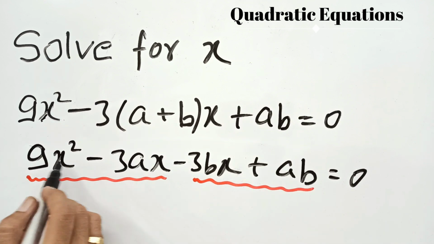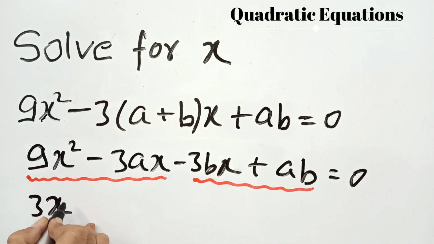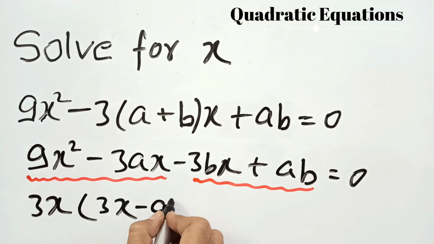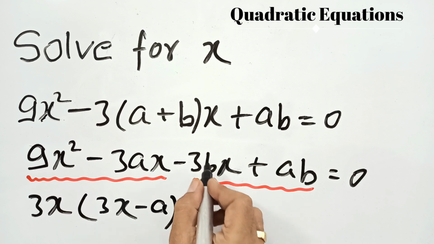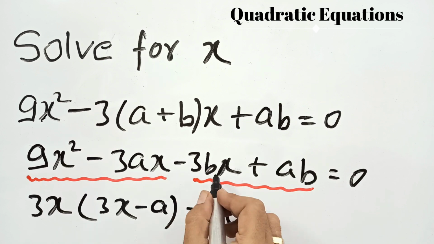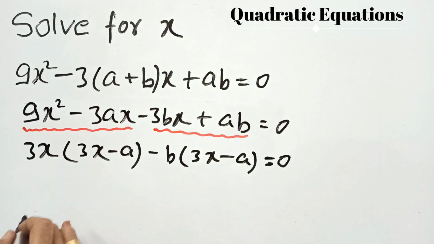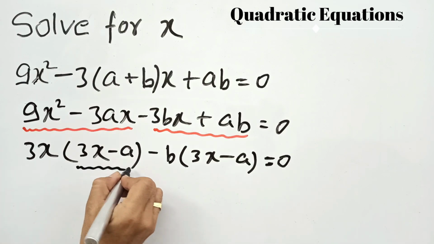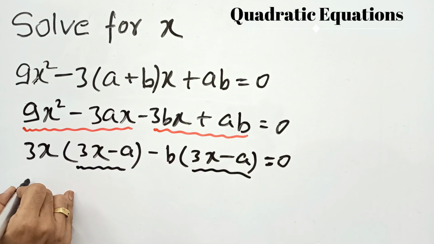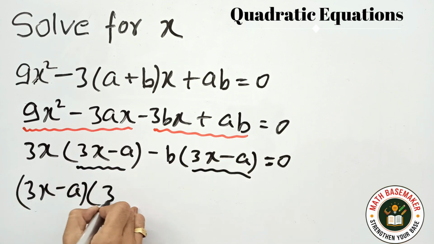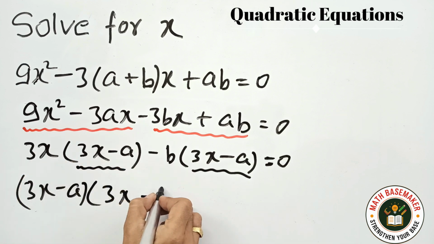Now let us take the common. 3x is common, 3x minus a, and here b is common, 3x minus a in a bracket. Now in the whole expression, 3x minus a is common. Now we'll have 3x minus b in a bracket.